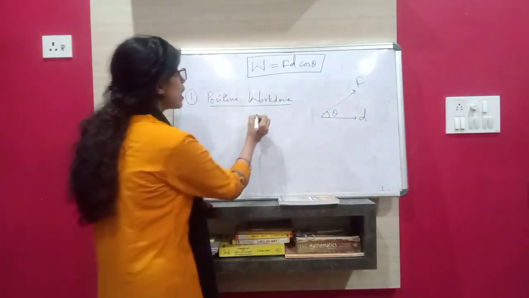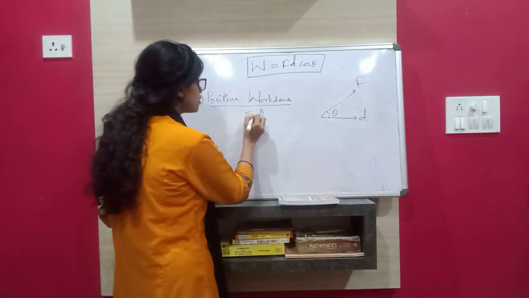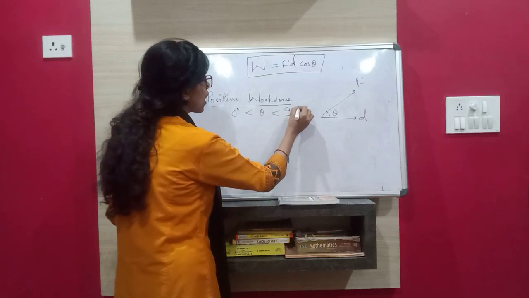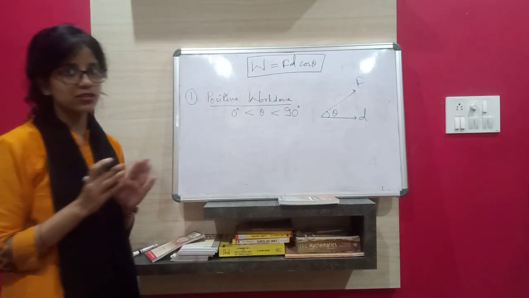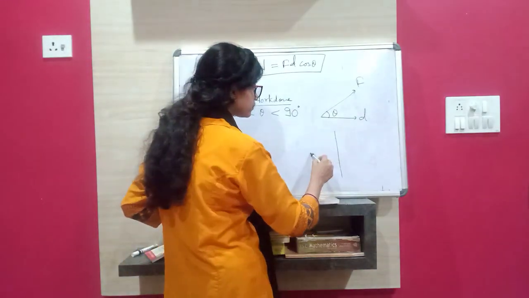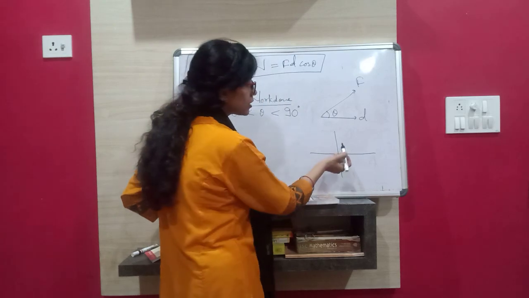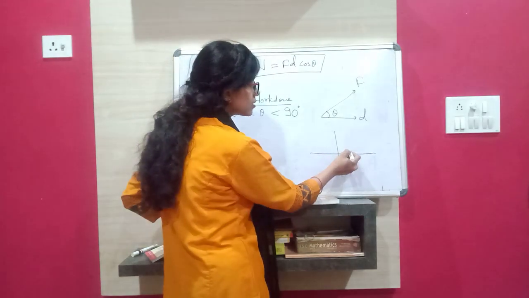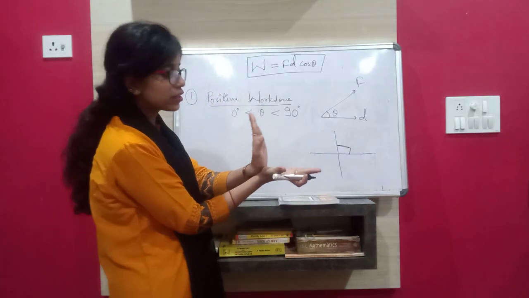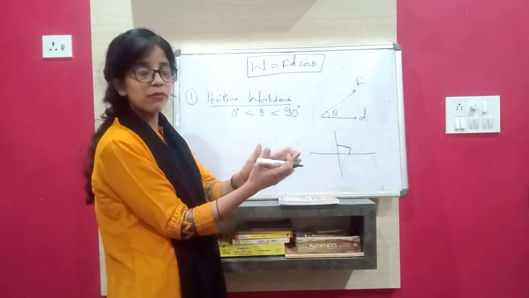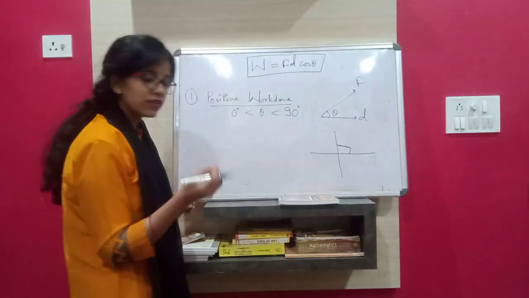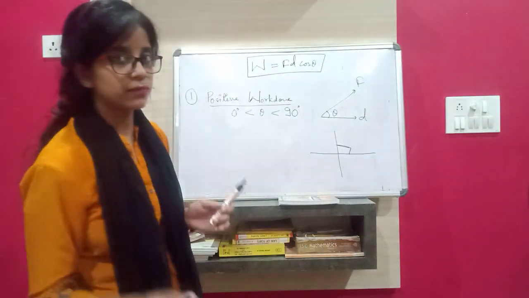If the angle is between 0 degree to 90 degree. I hope you all know what is between 0 degree to 90 degree. If we see the quadrants, this is the first quadrant and this is the angle between 0 to 90 degree. That means force and displacement can have a maximum angle of 90 degree and minimum angle of 0 degree. Then we say that the work done will always be positive.